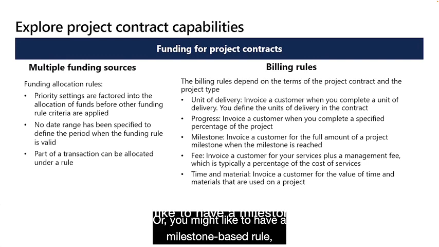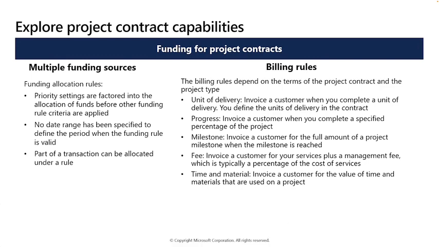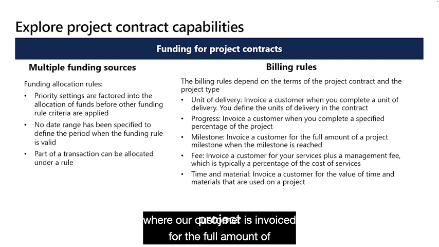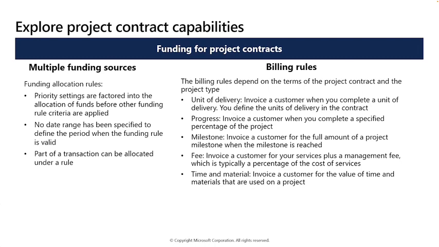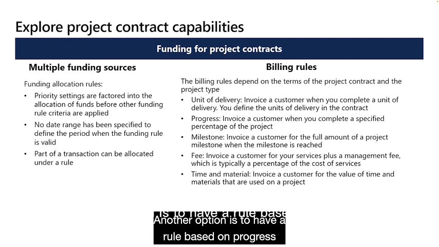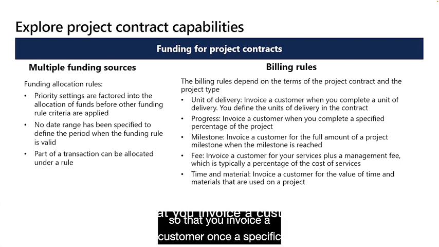Or you might like to have a milestone-based rule, where a customer is invoiced for the full amount of a project once that milestone has been achieved. Another option is to have a rule based on progress, so that you invoice a customer once a specific percentage of a project is complete.